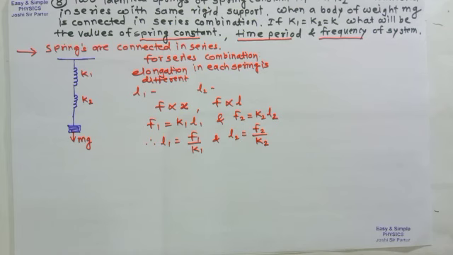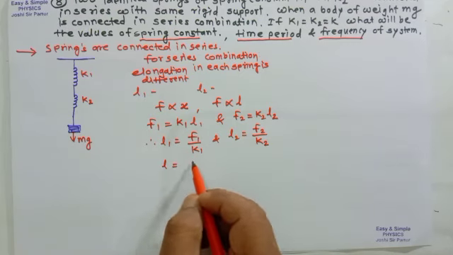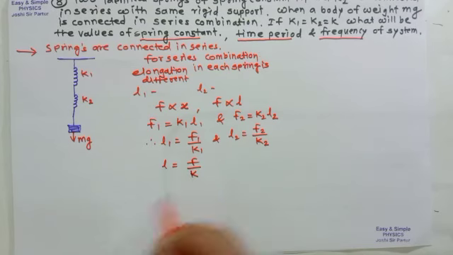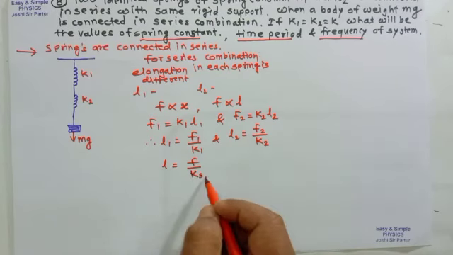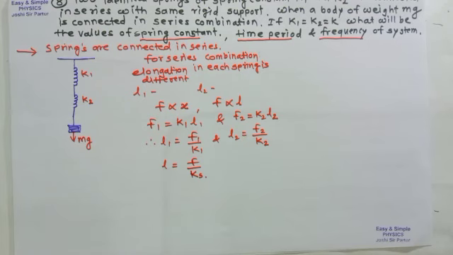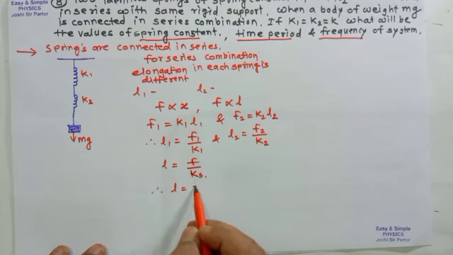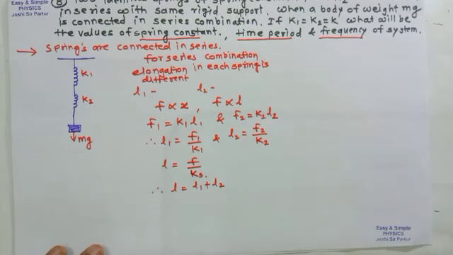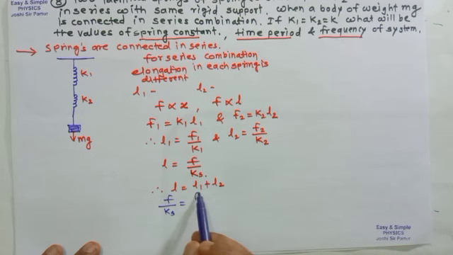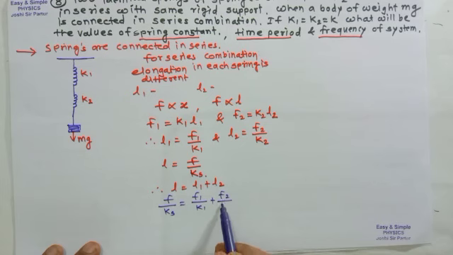For series combination, F upon K gives the elongation, and L is equal to L1 plus L2. If we put the value of L, L1 and L2 here, F upon Ks is equal to F1 upon K1 plus F2 upon K2.